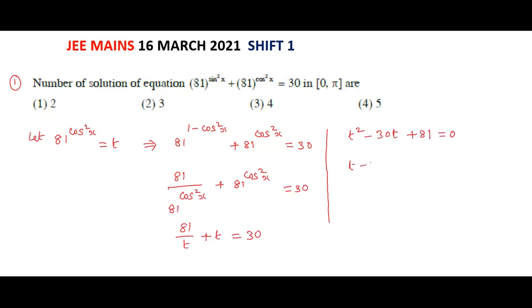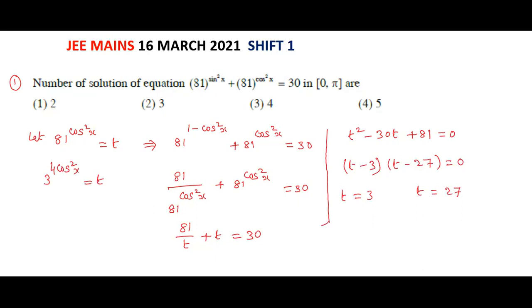So this is (t minus 3) into (t minus 27) is equal to 0. So t is equal to 3 and t is equal to 27. Here 81 power cos square x, I am writing 81 as 3 power 4, so 3 power 4 cos square x is equal to t.